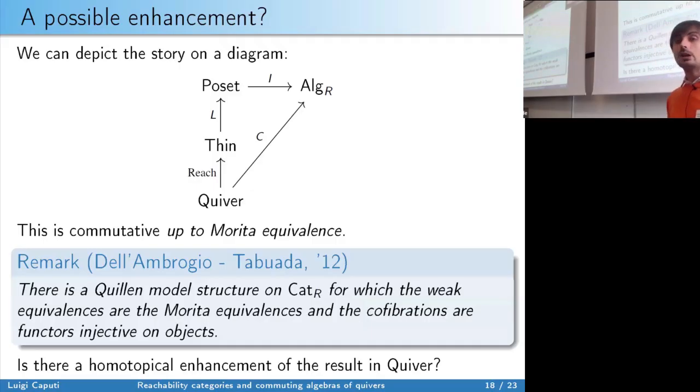And what we're working on now, what I would like to know, is whether there exists a homotopical enhancement of this diagram above. Instead of being commutative up to Morita equivalence, I would like to put in a category of quivers a model structure for which the diagram is now commutative on the nose. But this is yet an open question. But if you have any ideas, please let me know.